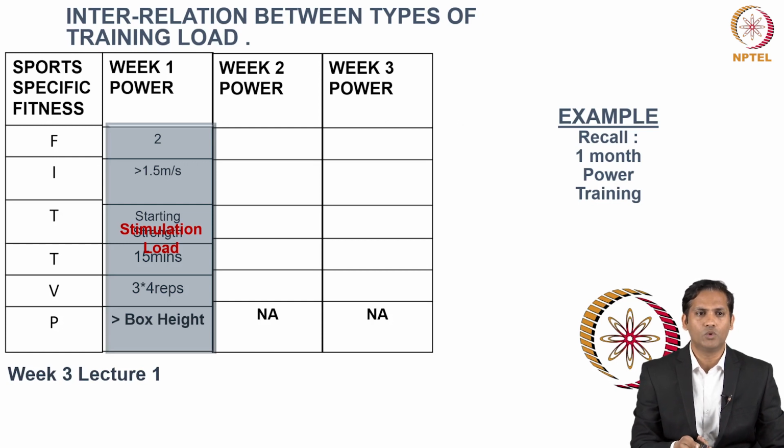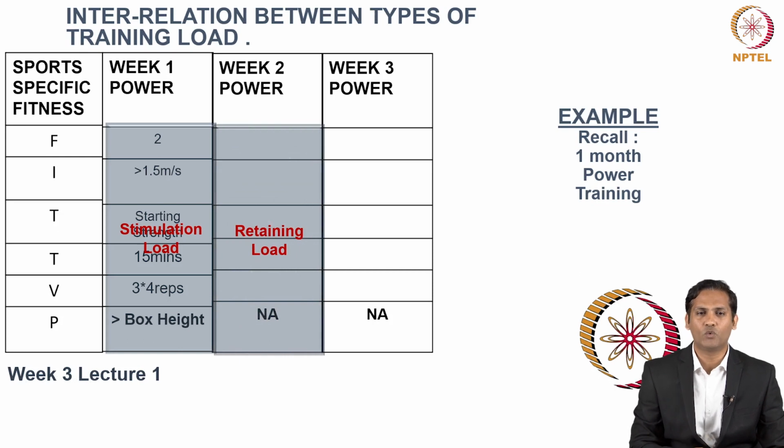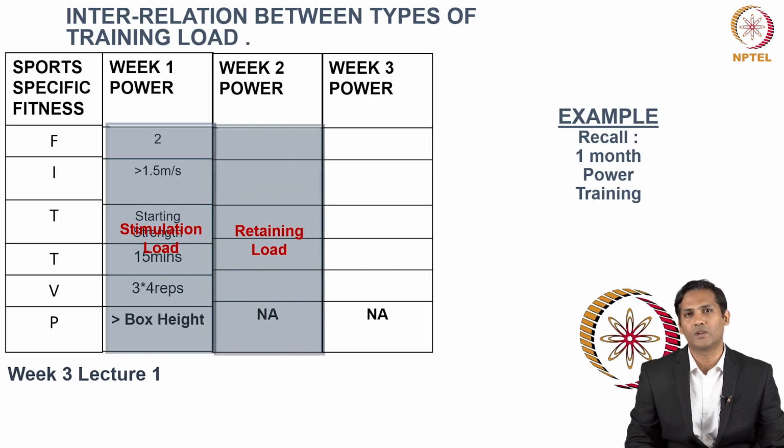Let's say in week 2, you are not giving any kind of stimulation. It's not applicable. You choose not to give any kind of stimulation. So using the interrelationship between the types of training load, in week 2, this stimulation load of week 1 will now become a retaining load. Now, when there is a retaining load, it means you have not given an opportunity to have a recovery phase, to have a resistance phase, and thereby there won't be any supercompensation phase.